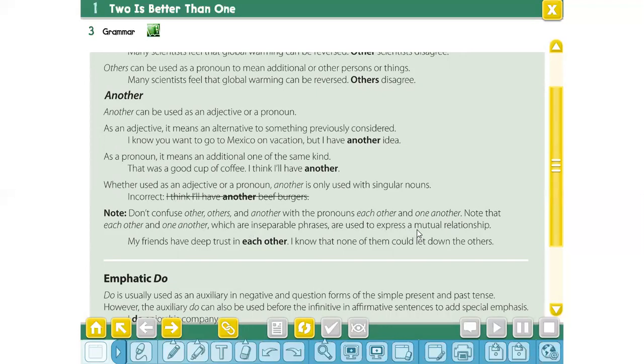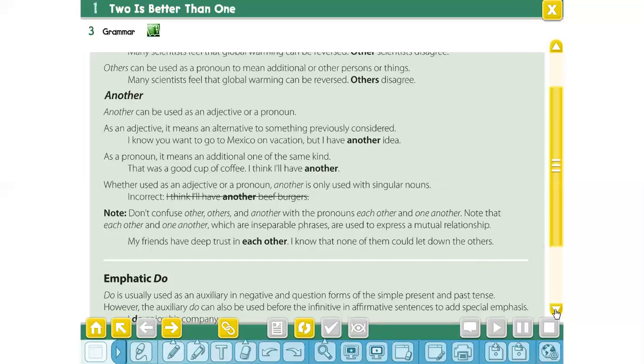Mutual relationship means to have a relationship between two sides. Like what? My friends have deep trust in each other. So here some friends trust each other, meaning they trust themselves. So here I know that none of them could let down the others.